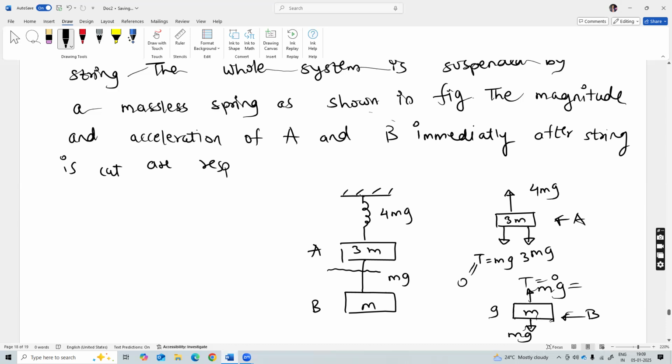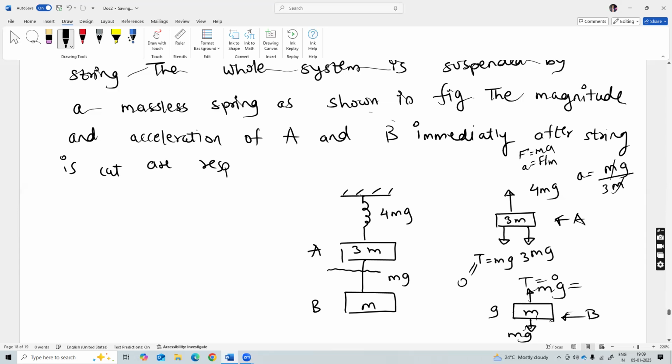Whereas if you see body A, the net force acting on body A will be, now this T has become 0, so it will be 4mg minus 3mg. So the net force will be mg. And we know that F equals ma, so a is F upon m. Net force is mg, and mass is 3m here.